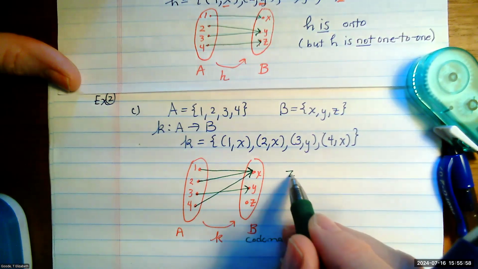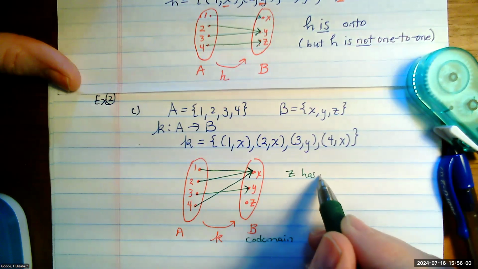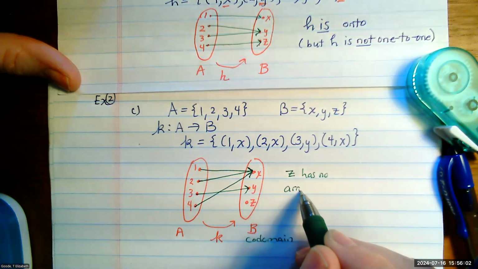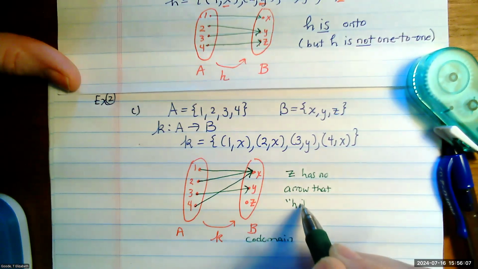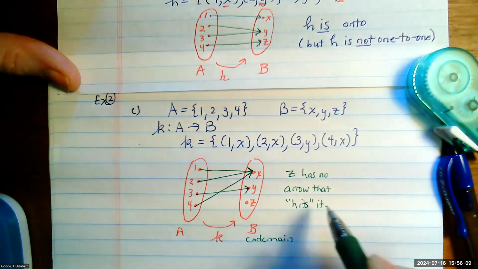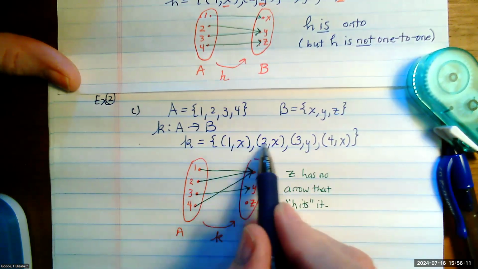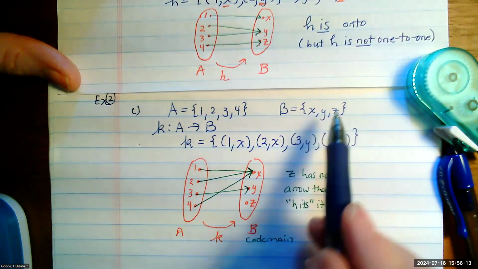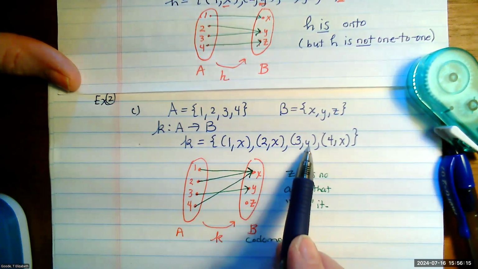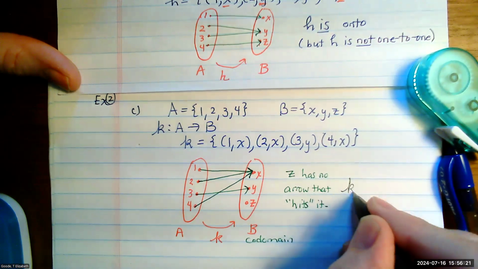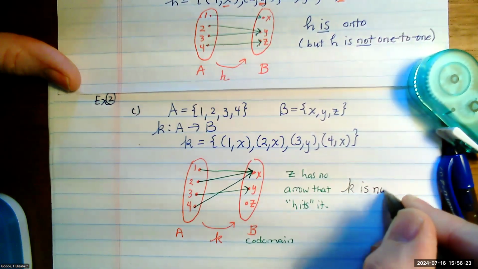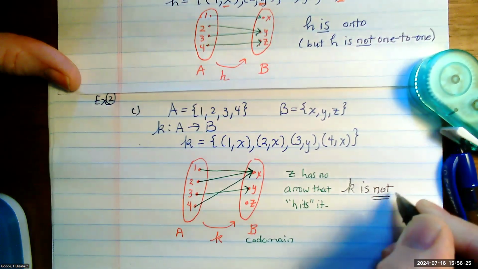Z has no arrow that hits it. Also, when you look at these ordered pairs, Z does not appear as the second coordinate in even one ordered pair. So K is not onto.